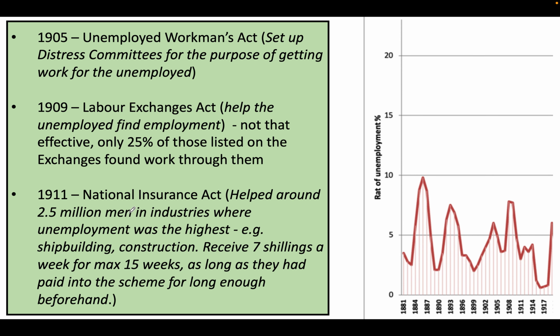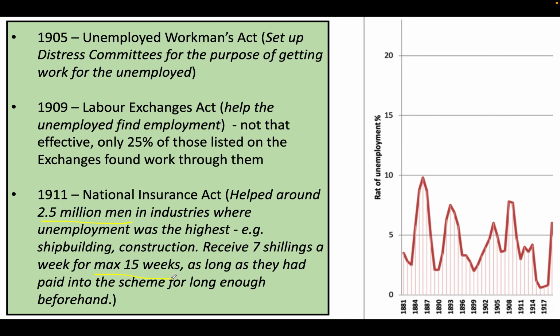National insurance, in theory, also benefits the working man. You've got about 2.5 million people who are able to access national insurance or pay into national insurance. And the intention here is for a maximum of 15 weeks.